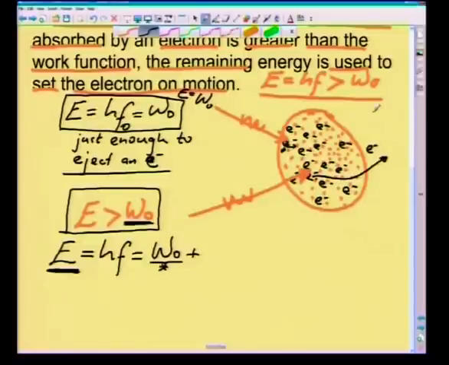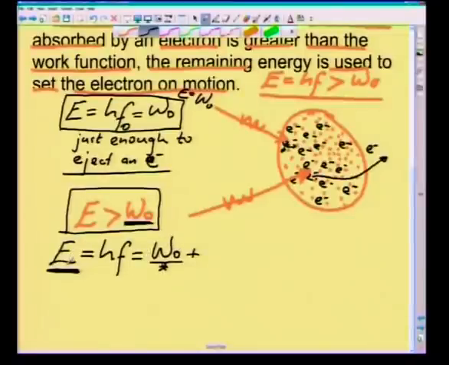Now, what type of energy is associated with motion? The energy of motion, we call it the kinetic energy. So, when part of this energy is used to overcome the work function, the remaining energy is used to set the electron in motion. And that energy is the energy of motion, EK.